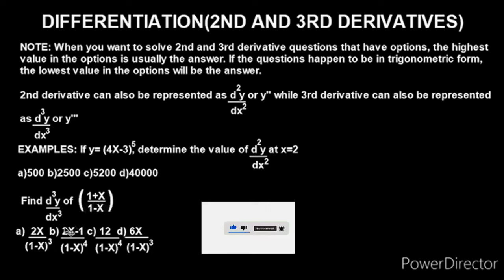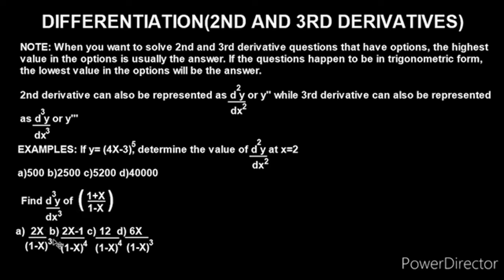Now, knowing that the answer to this question will be the highest value in these options, but now the values in these options are not in whole numbers like here as we have it here. They are in alphabets.